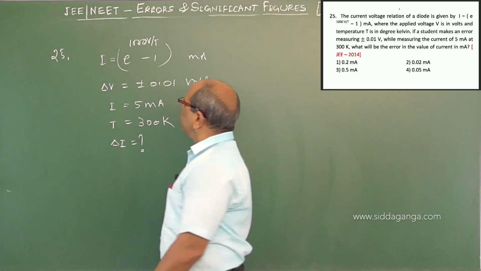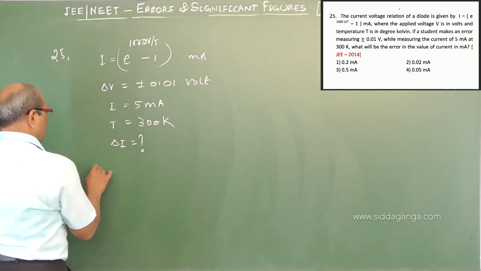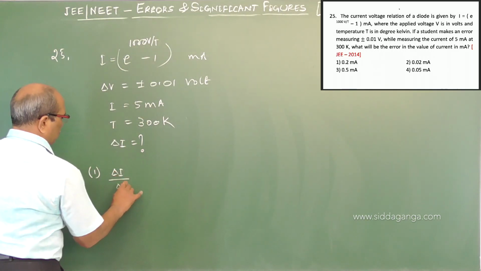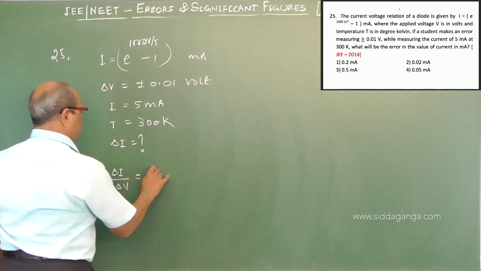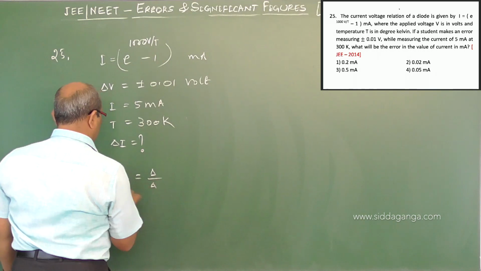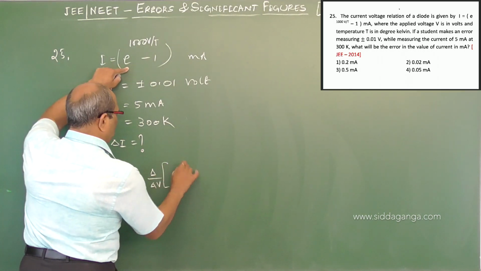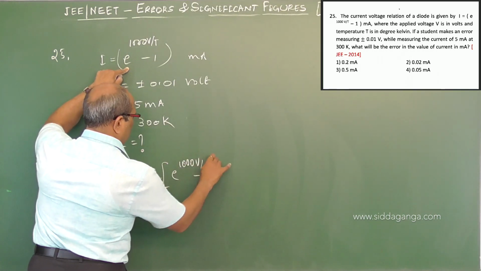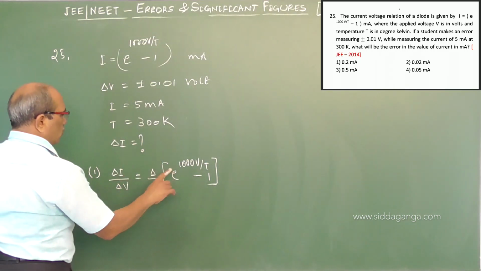So here, as you see the question, let us get the delta I in terms of voltage variation. Current varies with voltage. If I write dI by dV, that means differentiation of e to the power of 1000 V by T minus 1. This differentiation concept I told you.